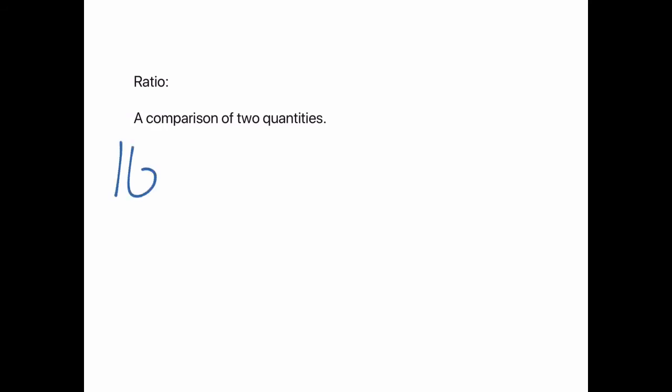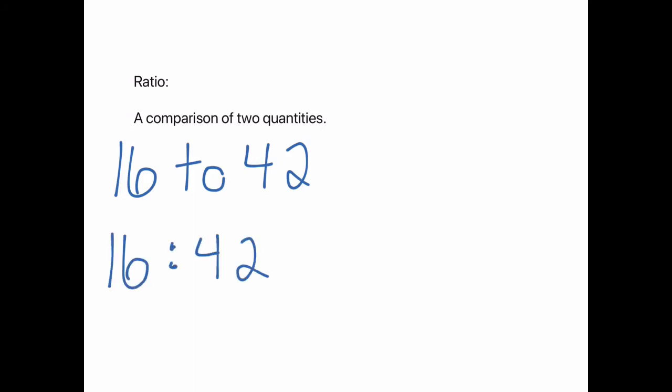I could say that you're 16 years to my 42 years. I could also write this as 16 is to 42 with a colon, and the way that you've usually seen it is as a fraction, 16 to 42. But these are all ratios and just different ways to write them.